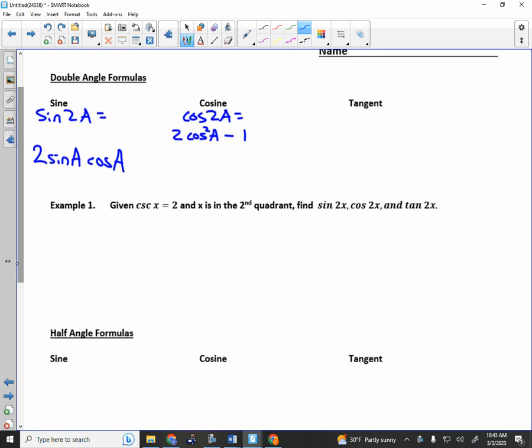You choose one. So the cosine of twice an angle is equal to 2 cosine squared of A minus 1. Or cosine squared of A minus sine squared of A. That's another one you could use. Or you could choose to use my favorite that I wrote last, 1 minus 2 sine squared of A. That's the one that I like to use the most.